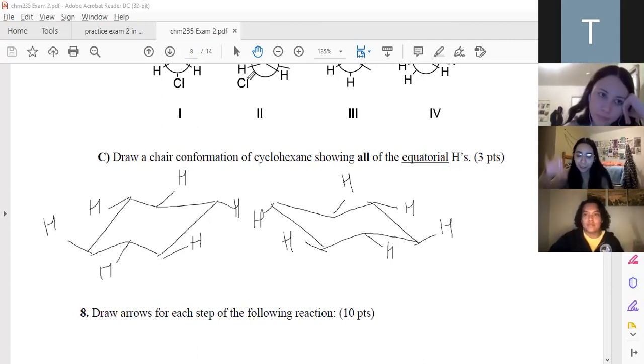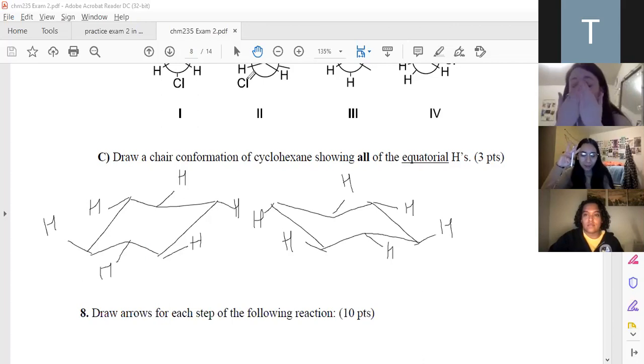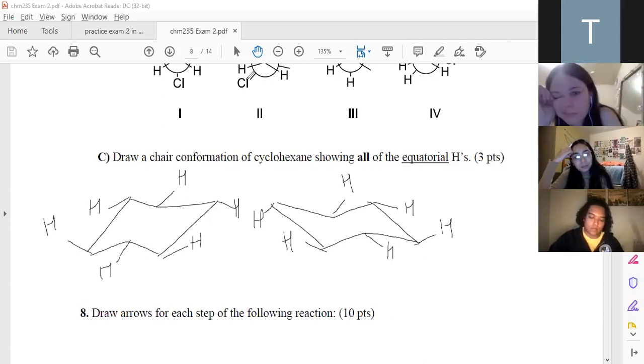Honestly, still kind of pretty lost with chair conformations, if I'm completely honest. I thought it would only be 3 hydrogens. So every chair conformation has 6 axial, 6 equatorial. So every carbon has 1 equatorial, 1 axial, right?